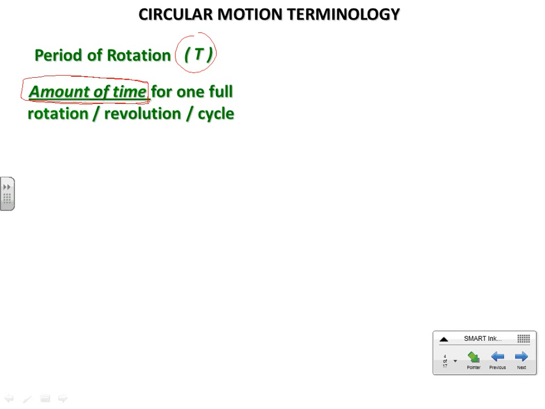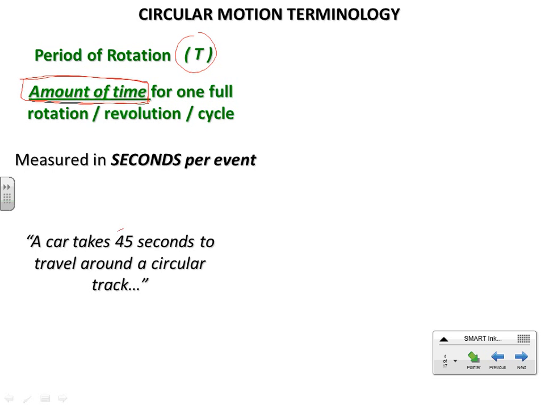Period is by definition the amount of time for something to go through one full circular rotation or revolution or cycle, measured in seconds. A car takes 45 seconds to go around a circular track. Sure, an amount of time to go around once. Time per event.